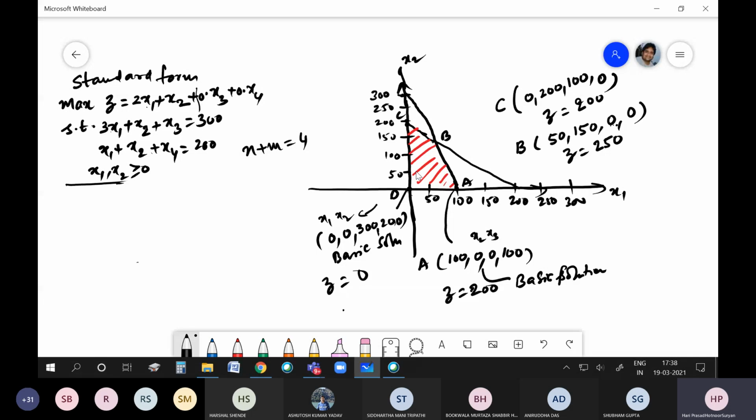That means you have to move from one basic feasible solution to the other in such a way that the objective function is maximized. Okay, so this simplex method which I am going to discuss right now gives a systematic procedure of moving from one basic feasible solution to the next basic feasible solution in an optimum way, so that we reach the maximum with the least number of trials.